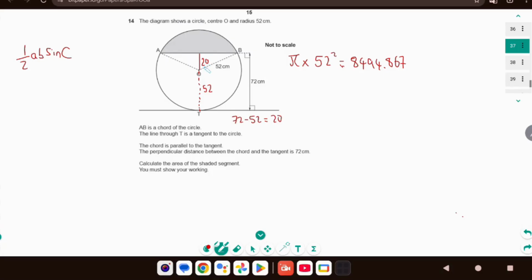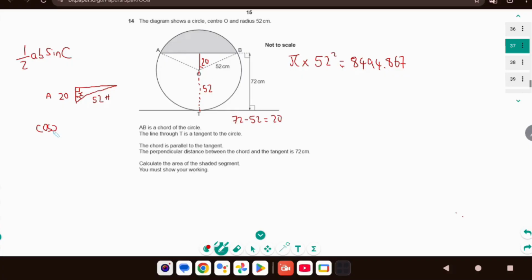Which means then that right angle triangle here, I'll just take it out. We've got height 20. I'm going to call that angle X, so that's the adjacent. 52 is the hypotenuse. SOHCAHTOA, adjacent hypotenuse, cos.